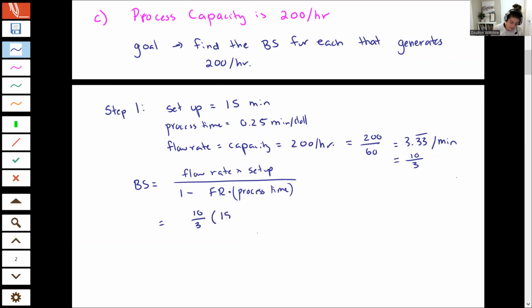Our setup time is 15. 1 minus that 10 over 3 times 0.25. Okay, and I get a batch size of 300 here.